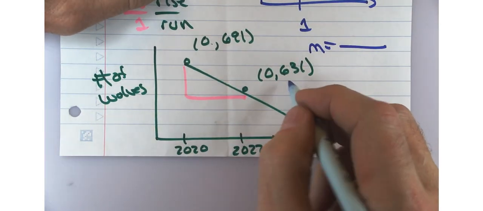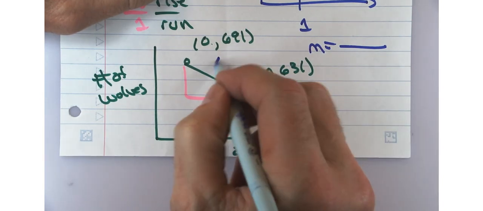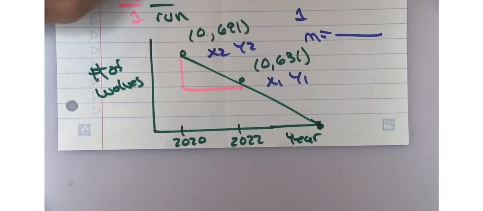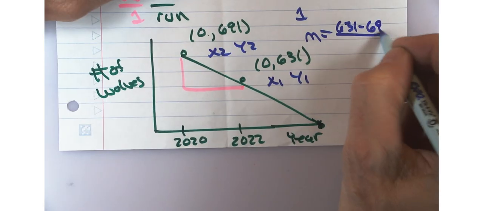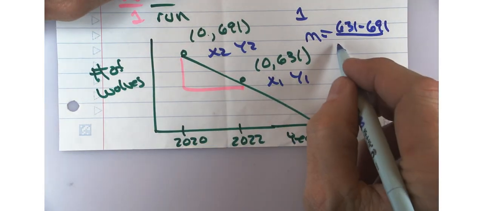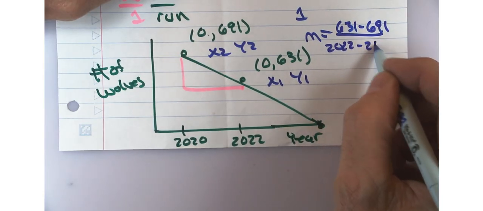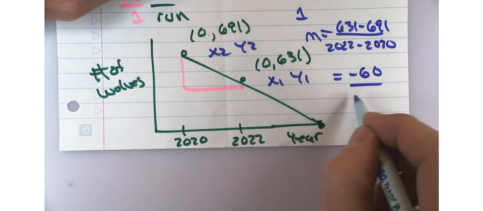So I'll call this my x1, y1, x2, y2. I hope somebody's awake now. All right. 631 minus 691 over 2022 minus 2020. So it gives me negative 60 over 2.